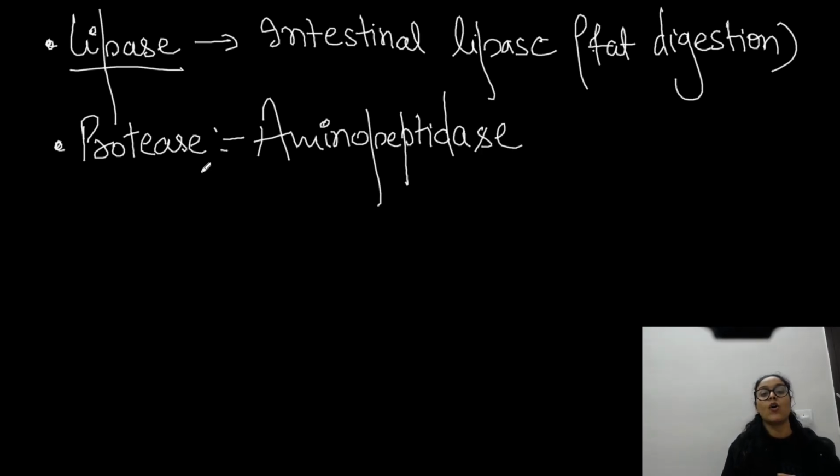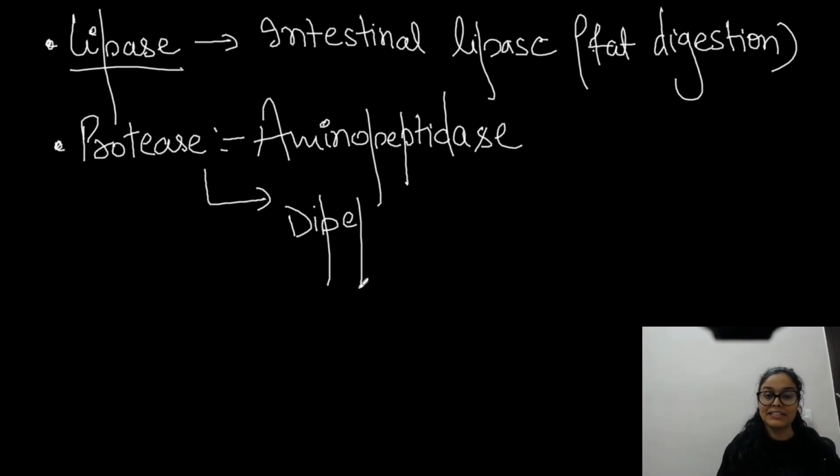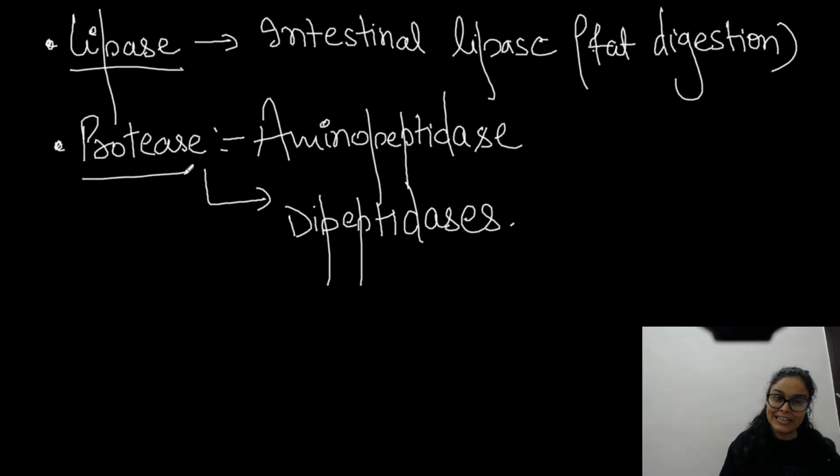Aminopeptidase acts on the peptide chain and converts it into smaller chains. And we also have dipeptidases, which finally convert small peptides into amino acids. So proteases are the protein digesting enzymes of the small intestine.